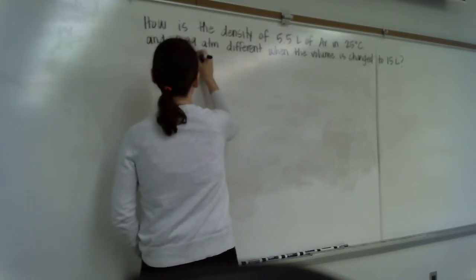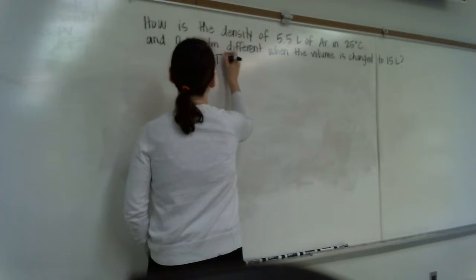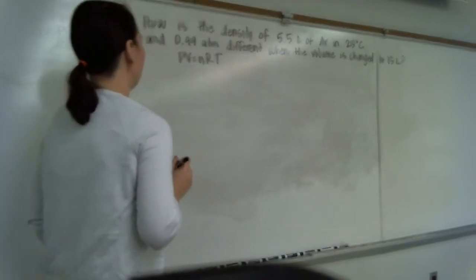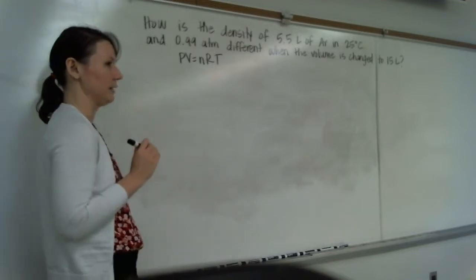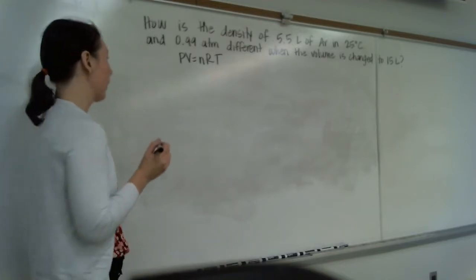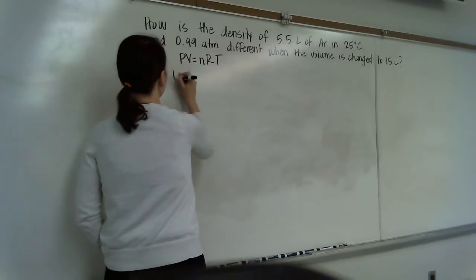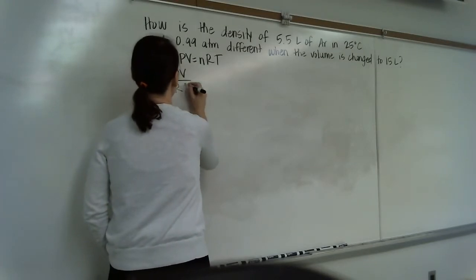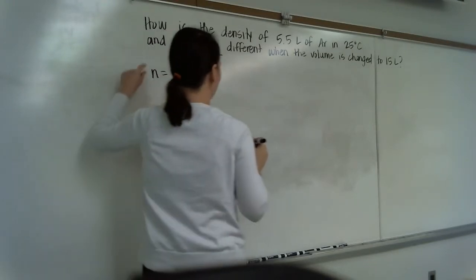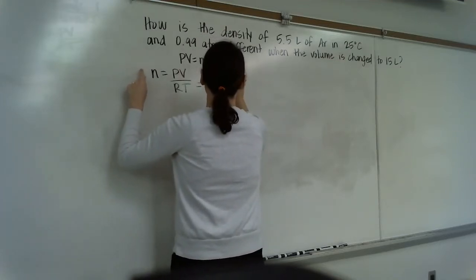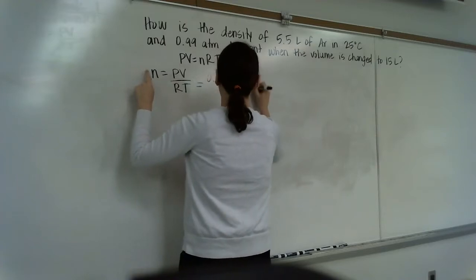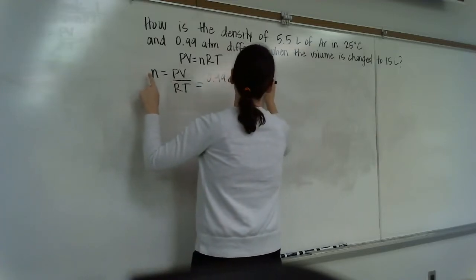PV equals nRT, right? So what are we solving for? Remember, we have to solve for something before we can plug it into the density equation. You have to solve for n, right? So n is just PV over RT. So the pressure is 0.99, and the volume is 5.5 liters.